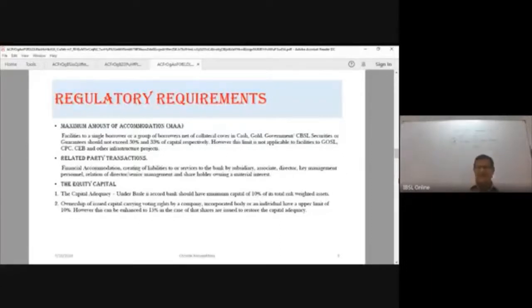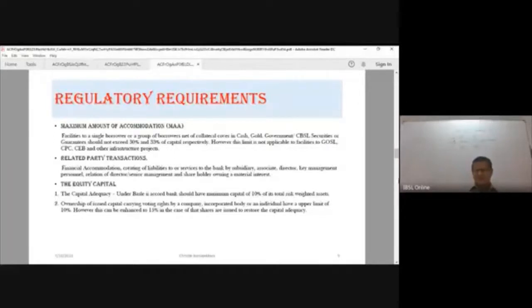Say if a bank has 10 billion capital, they can give a single customer a maximum of 3 billion rupees. And if it is a group of customers, they can give 33%, which is 3.3 billion only. So based on the bank's capital, the central bank has restricted the amount of borrowing by a single customer. This is what you call single borrower limit.